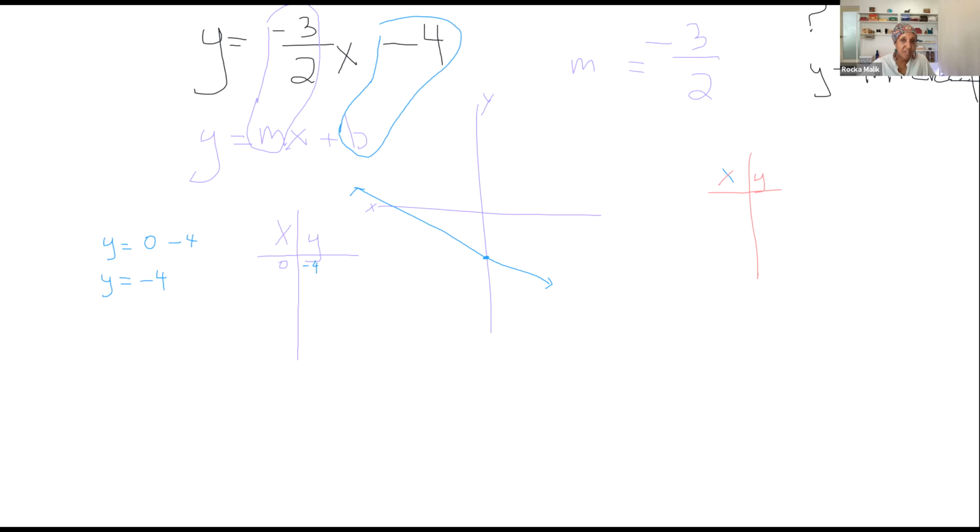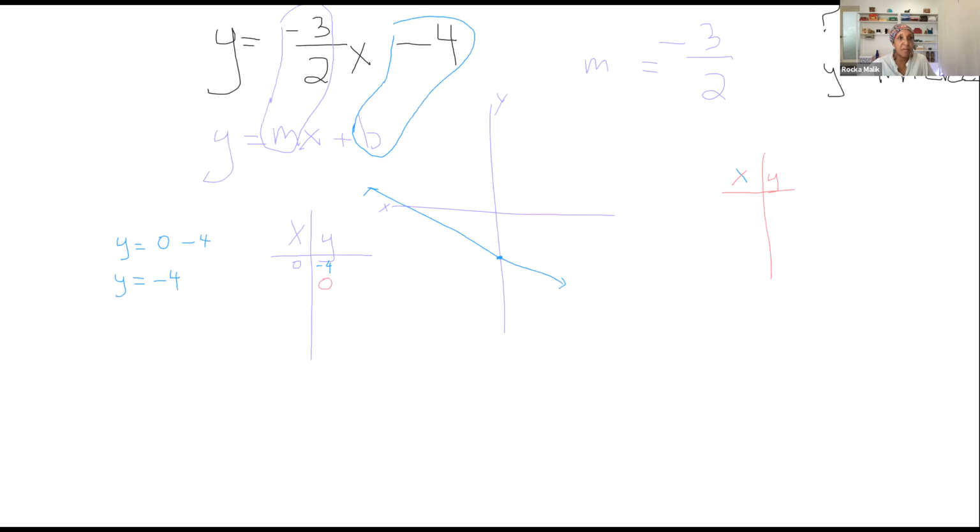So for the x-intercept, I'm gonna plug in y equals 0 and see what I get. It's gonna be 0 equals -3 over 2 x minus 4.